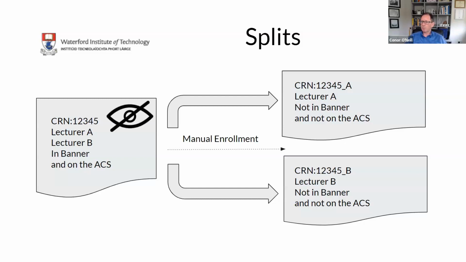Okay, just to make the point as well, what we do sometimes, well, most of the time, is that we actually close off or hide the original CRN. So now the student should only be seeing the splits. Now that causes problems with late registrations, or if the lecturer missed an enrollment.